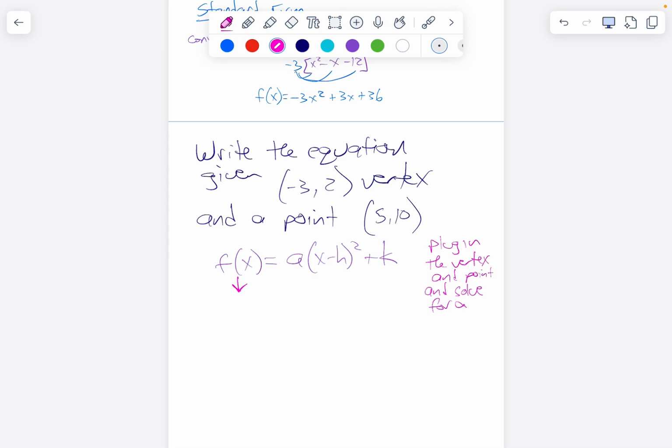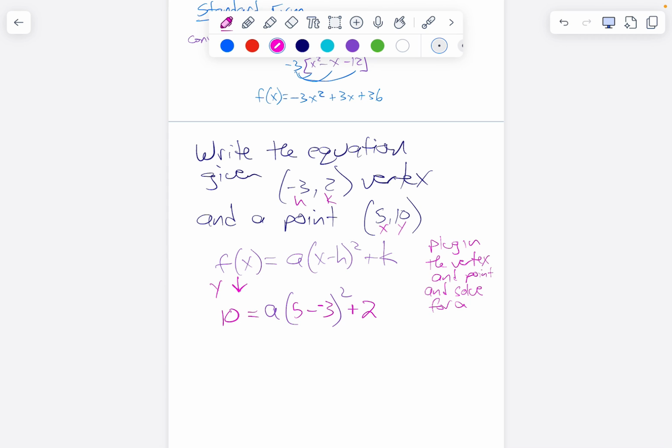All right, this is the y coordinate, which is what? 10 goes there. We don't know A, it stays. And then we say, what's x? Five minus h, which was -3. And then plus k, which was 2. And now we just solve for A. Now we're just back to algebra 1.